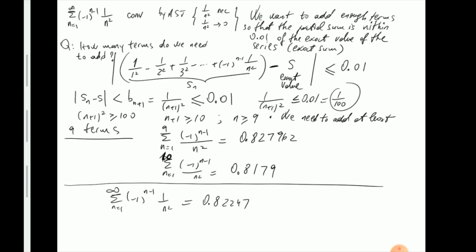Actually, the exact value is going to be pi squared over 12. How you prove that is beyond what we do here. You can do that with Fourier series, for example. But this is just to give you an idea of how close these approximations are to the exact value of the series.